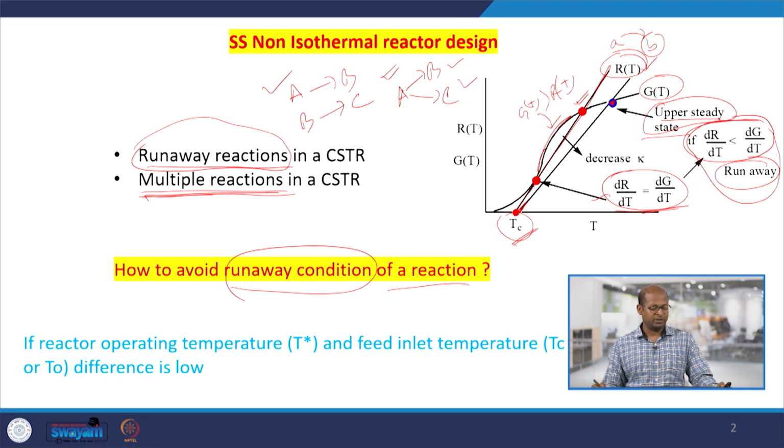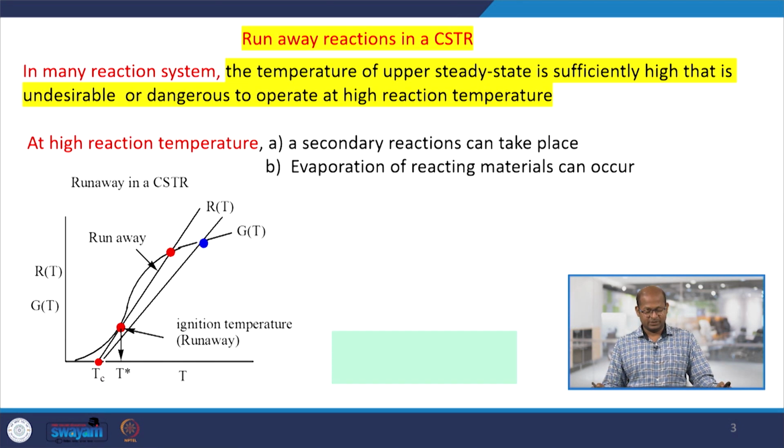How we can avoid that, we will discuss. If we operate at sufficiently high temperatures, the upper steady state, and the temperature is sufficiently high, that has an impact on the reactions.